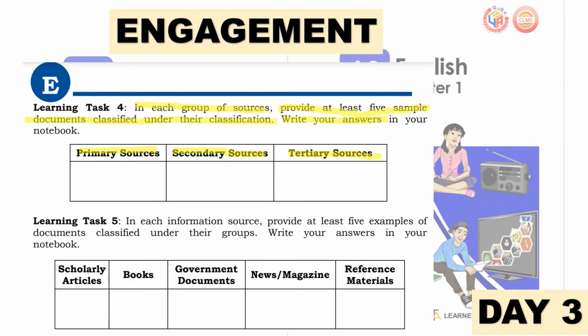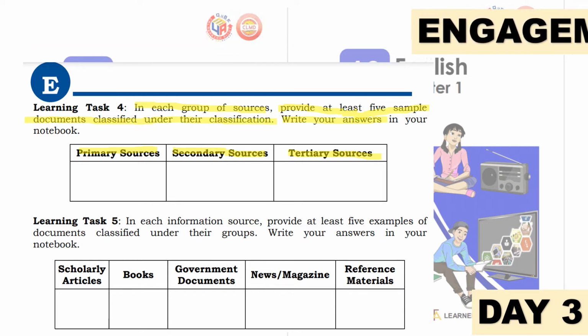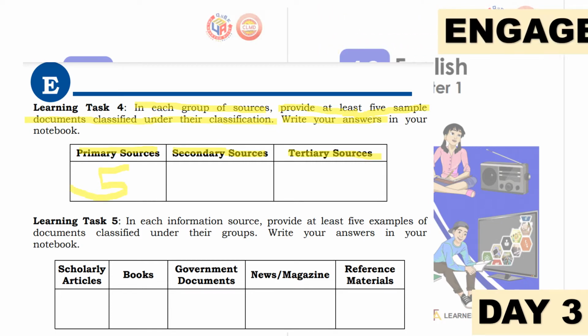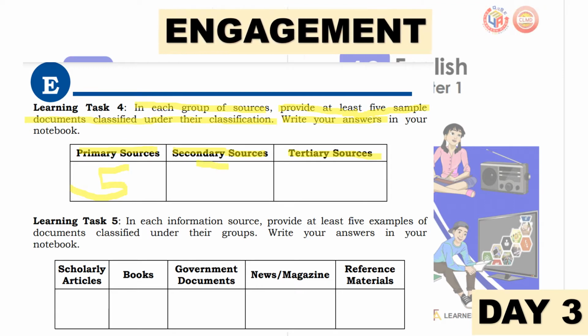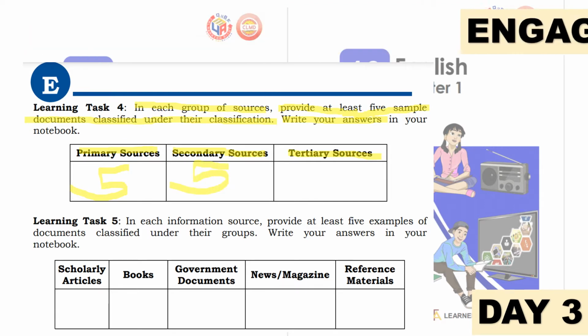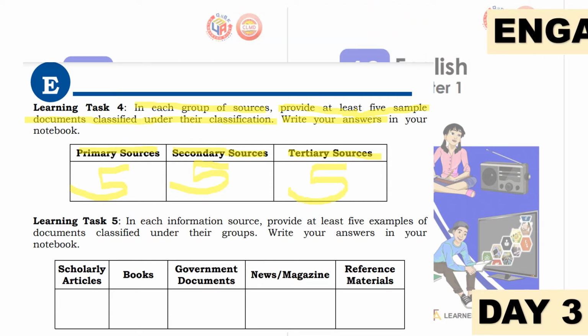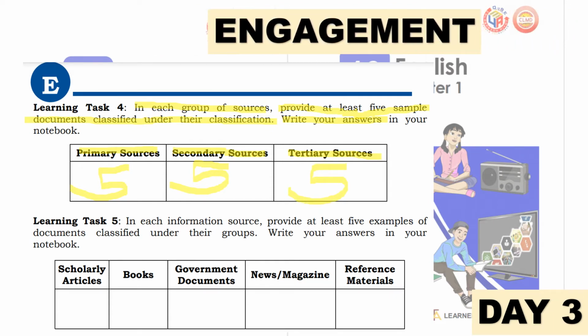Write your answers on your paper. Once again, 5 samples of documents under primary sources, 5 documents for secondary sources, and 5 documents for tertiary sources.